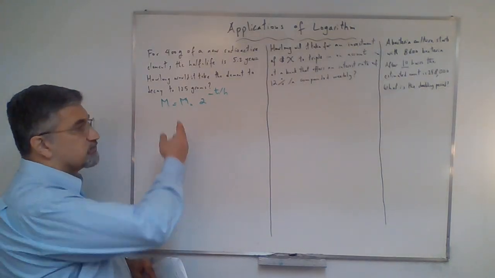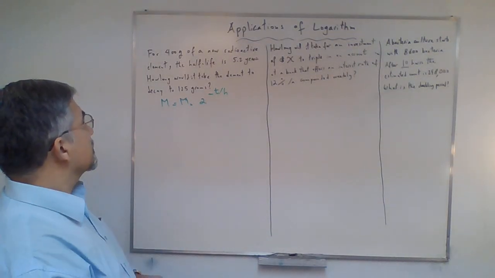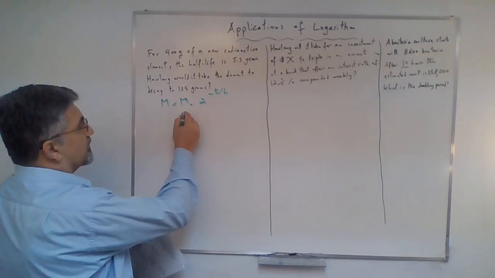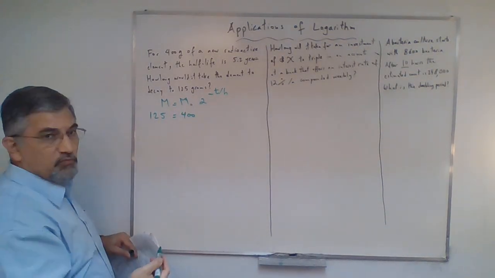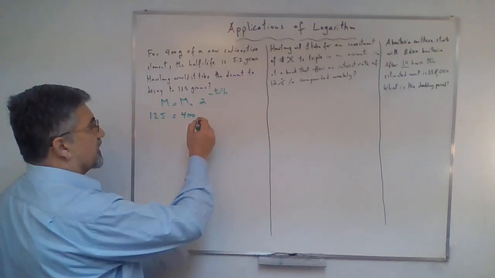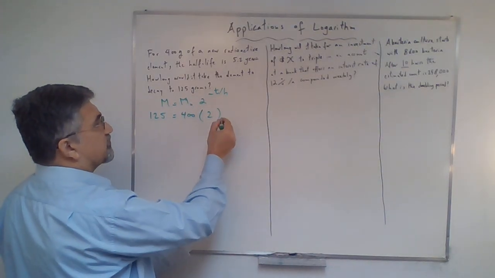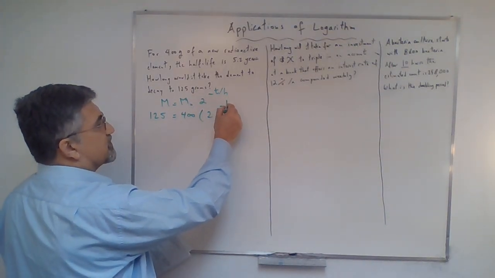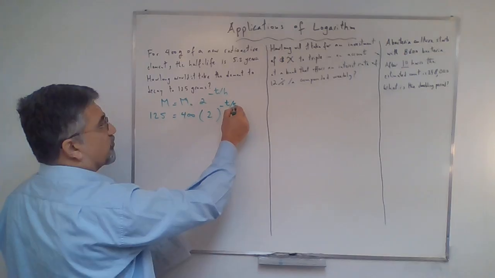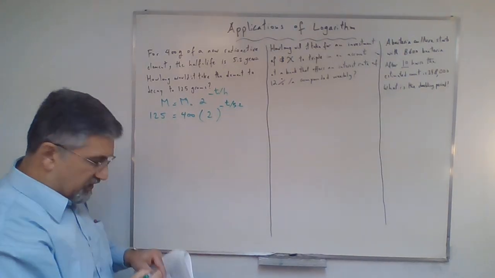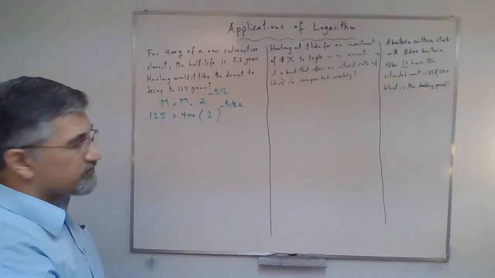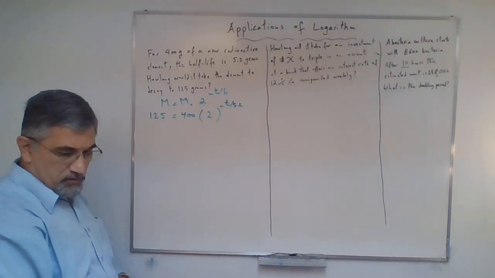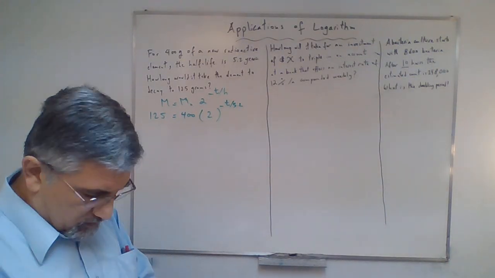So the formula is from before, and the numbers are 400, that's the original mass. The remaining mass is 125 grams, and then we multiply this by 2 to the exponent of negative t over 5.2 years. So the half-life is given. We are not trying to calculate that. Half-life is 5.2 years. Okay, so here we need to use our calculators.